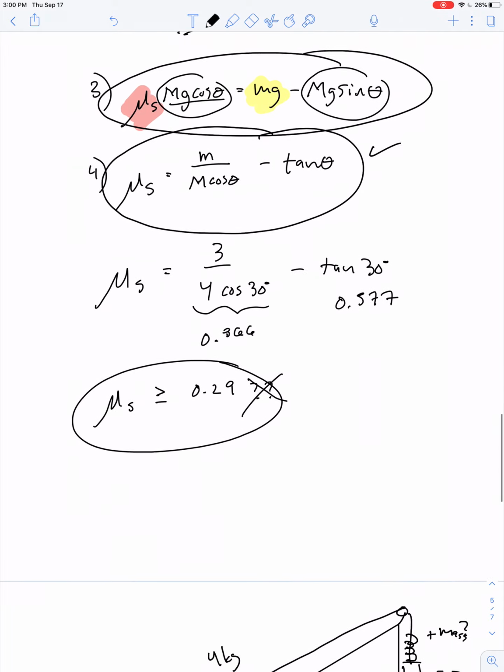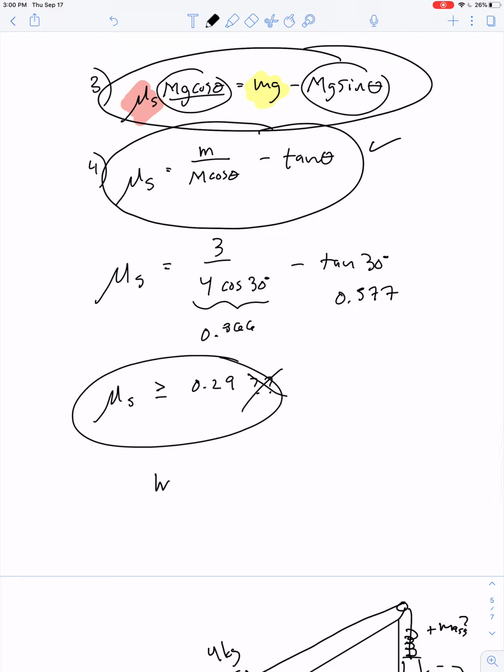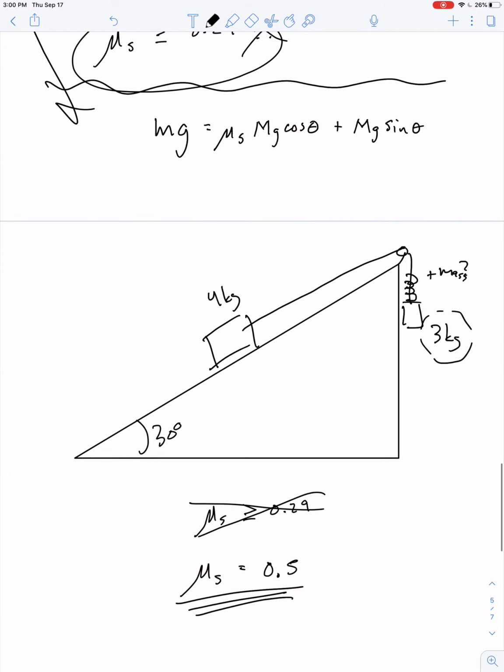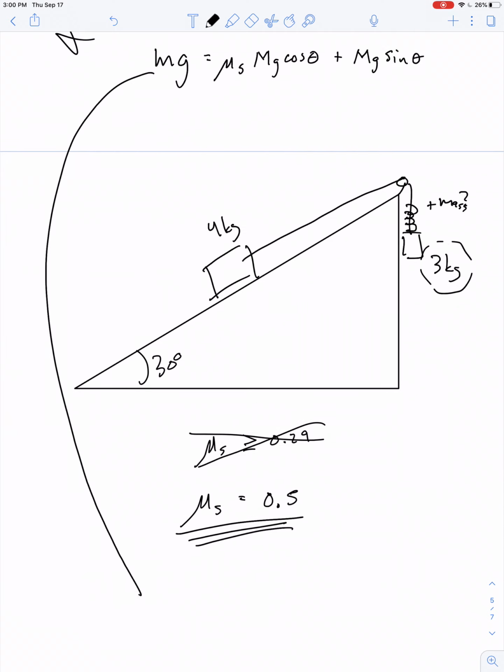So we get mg, if you allow me to do the work here, would be equal to mu static times capital Mg cosine theta plus capital Mg sine theta. We can factor out the capital Mg.